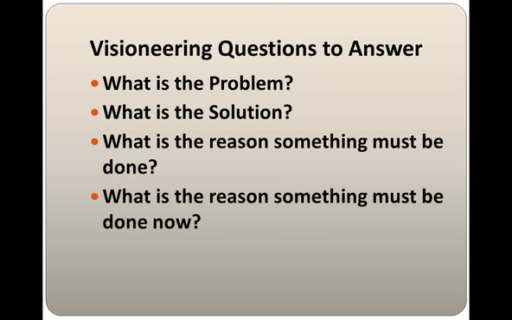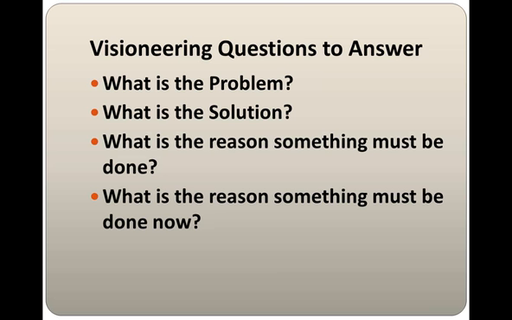What is the reason something must be done now? So I believe that's good counsel for us to take and good coaching for us to look at how we've packaged God's vision for our ministry, and we've developed it, and now we're going to deliver it, and we're going to communicate what is the problem, what is the solution, what is the reason something has to be done, and why does it have to be done right now?